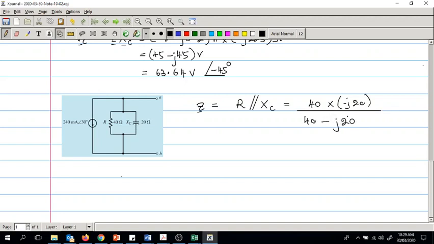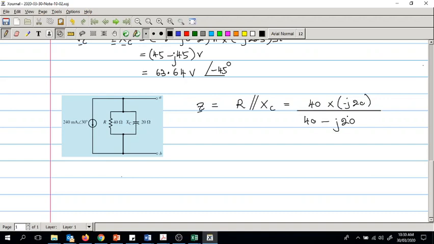Now I'm going to enter this into the calculator. 40 into minus 20i, divided by brackets 40 minus 20i.